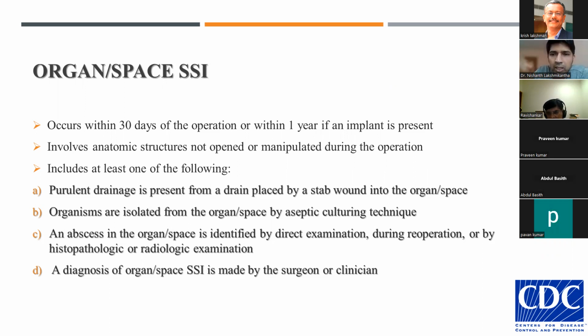If the infection is beyond the level of the deep fascia, that means if either the muscle or the deep fascia is involved, or if there is a wound dehiscence because of infection, it becomes a deep infection. Or if there is an abscess at the level of the appendix, in spite of you giving a wash, there is a residual abscess left, or a new abscess which is formed in the area, then that becomes organ space infection.